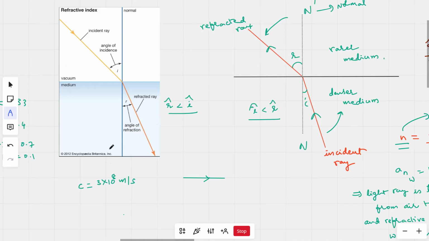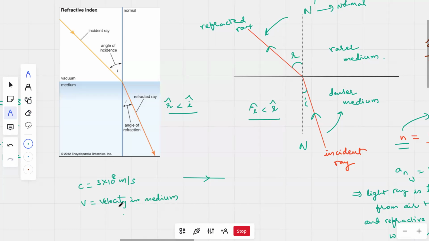Why is refraction taking place? Because the light ray has to slow down in that particular medium. From one medium to another medium, when it is traveling, the speed will be different. So let us consider V to be the velocity in the medium. Any medium, I'm not saying a specific medium, whether it may be water, or glass, or diamond.